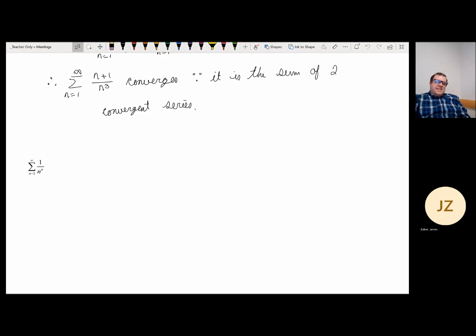What about 1 over n to the n? Do we think it converges or diverges?